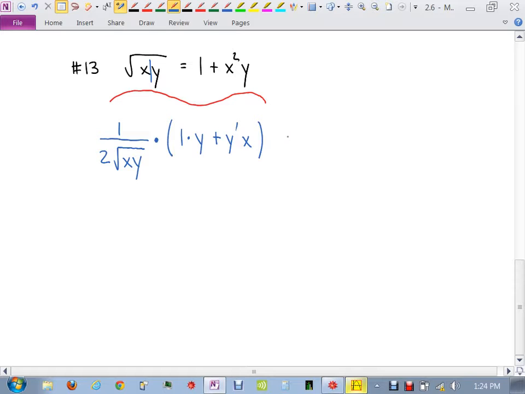Yes. Okay, right side. Derivative of 1? 0. Okay, what do we have happening there? x squared y. What is the rule we're going to have to use here? Just product, right? What's the derivative of x squared? 2x times y plus y prime times x squared.